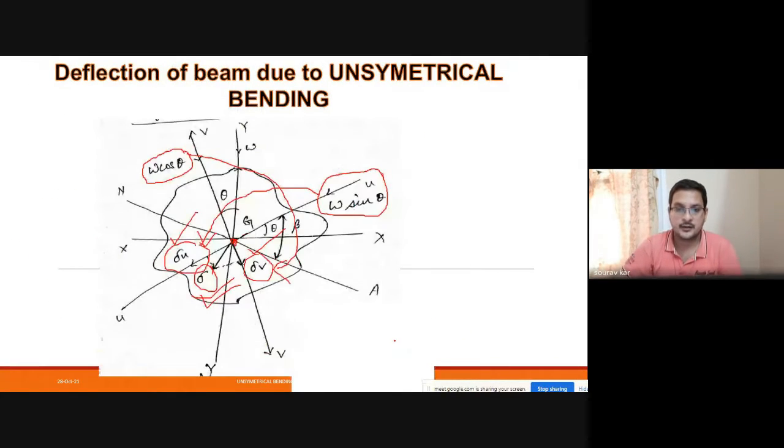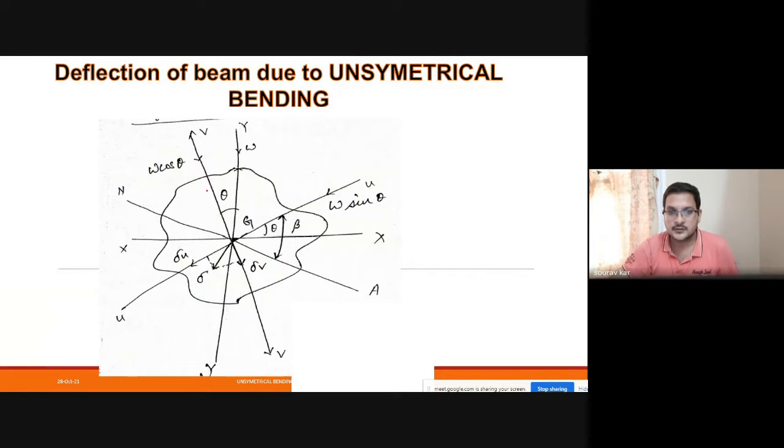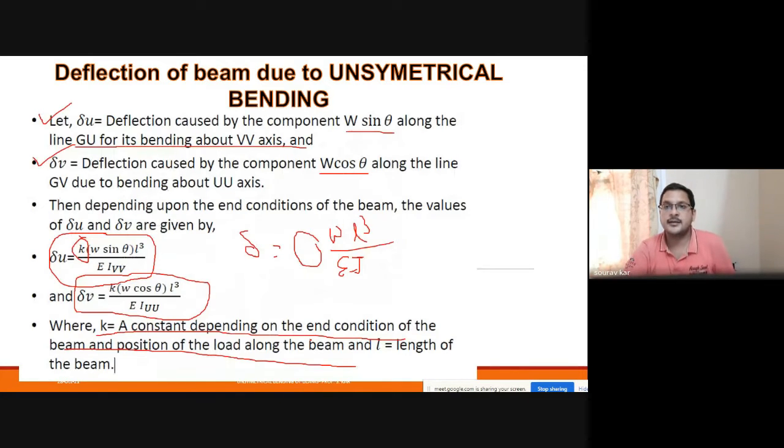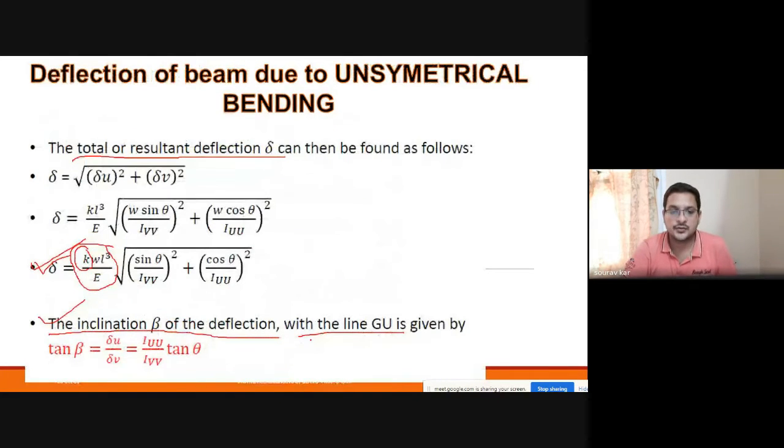The final resulting deflection axis is beta with respect to GU. See here. Let me remove all this diagram. So this is beta. Now tan beta is also equal to IU by IVV tan theta. So there are three different equations for finding the angles.